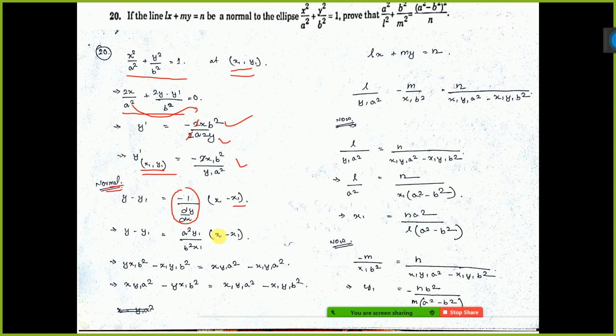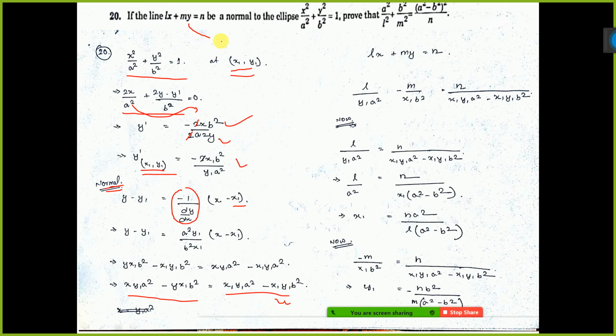Now this y1 and x1 value you put. Now do cross multiplication, and after arranging, you bring x y terms to this side and x1 y1 terms to that side. So this is the equation.